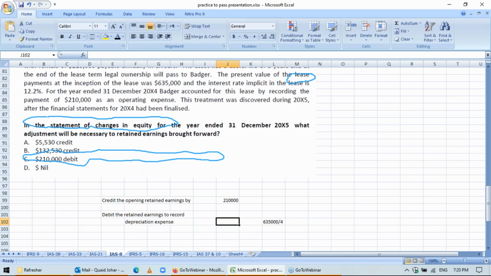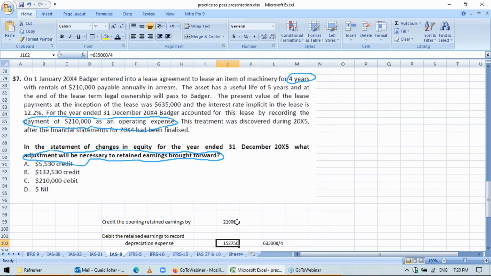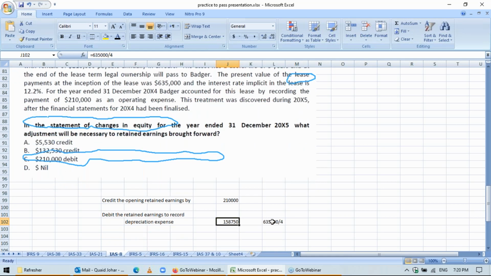So we'll take a debit. Okay. So we will divide by 5 years. Students, why 5 years? Let me tell you the rule. Divide by 5 years. So 635,000 divided by 5 makes 127,000.